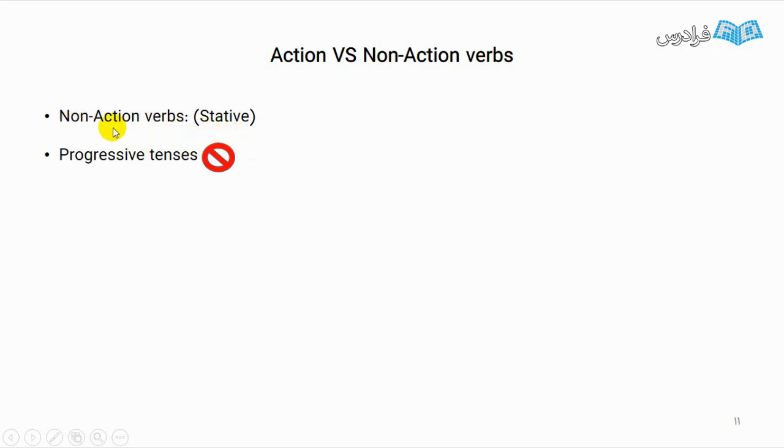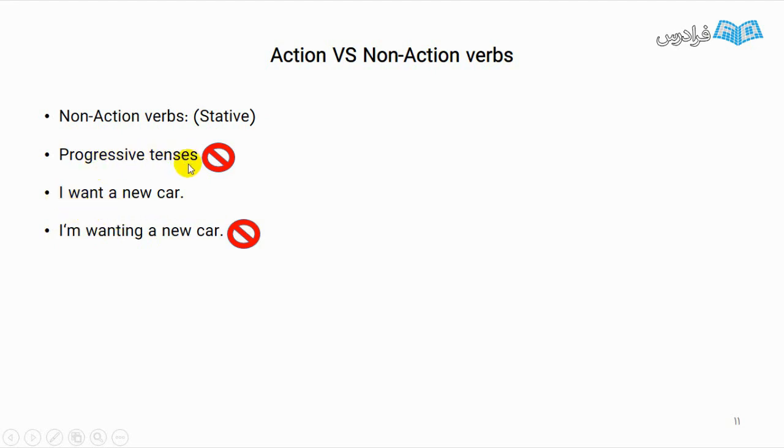But what is the point about non-action verbs? The most important point is that we are not allowed to use progressive tenses with them. What does it mean? Look at this example. I want a new car. Want is a non-action verb. This is a feeling. I'm not allowed to add ing to this verb.